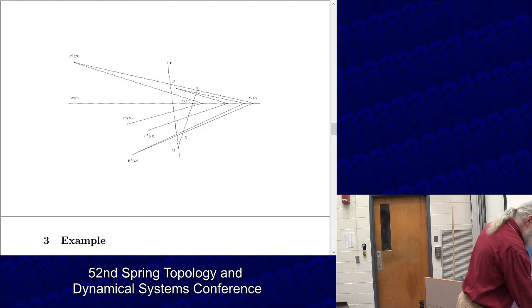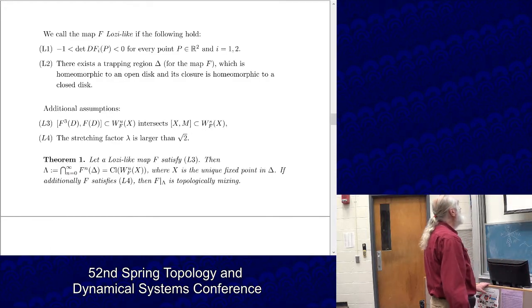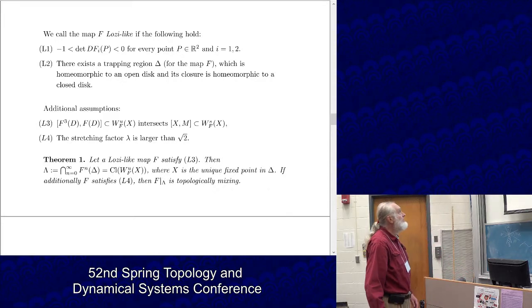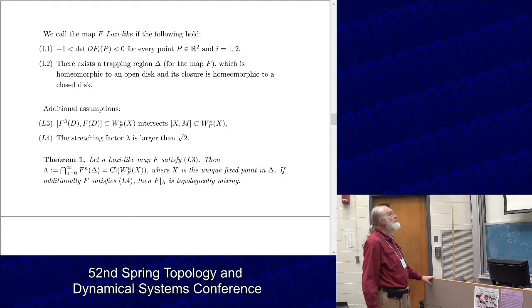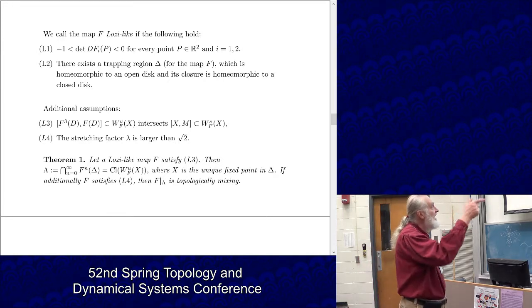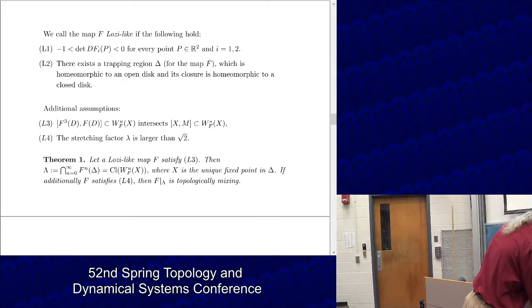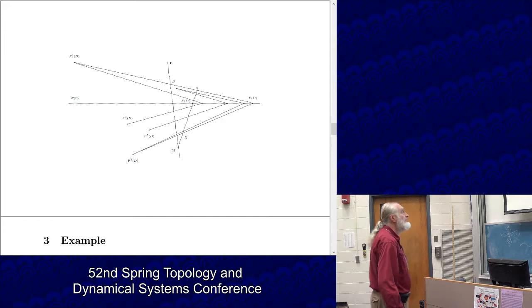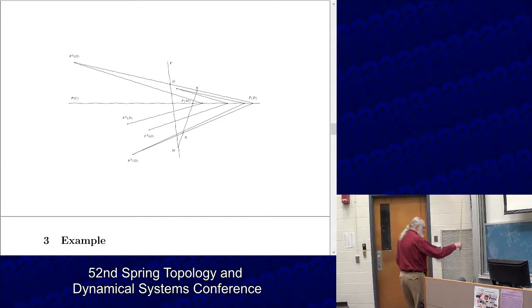So what did I assume? L3: that this segment, it's a curve really, part of the unstable manifold of x between f3 of D and f of D, intersects the stable manifold of x at M. D is the first intersection of the unstable manifold of x with the divider.